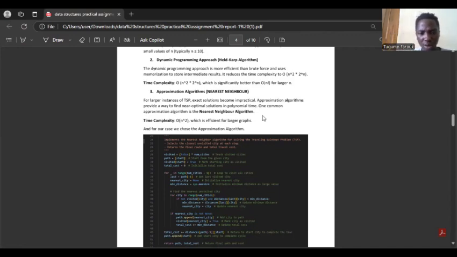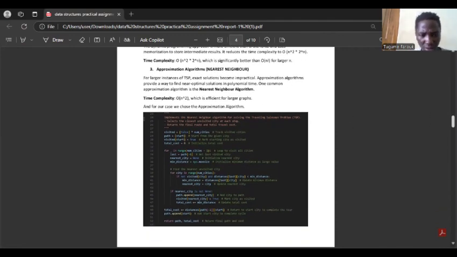Going forward, we use Python code to implement our algorithm. This code helps us track the visited cities. We start from the first city, and then go on marking the visited cities. Here we use a for loop for all the visited cities.